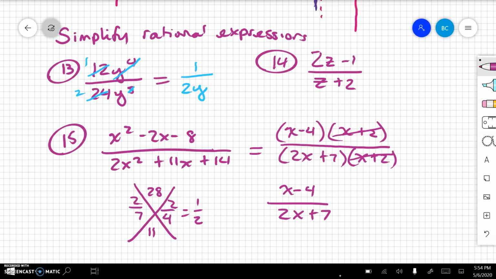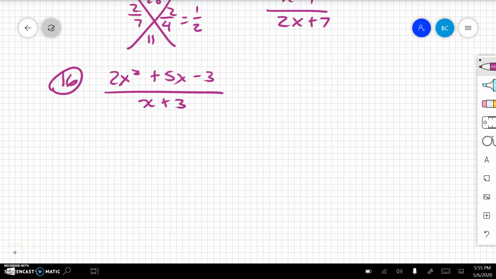Number 16 is one of these word problems that makes me laugh because they put a picture and some words and make it a word problem, but really they show the dimensions of the computer monitor just as this. So I'm going to factor, and I'm just going to hope that we're feeling good about factoring.